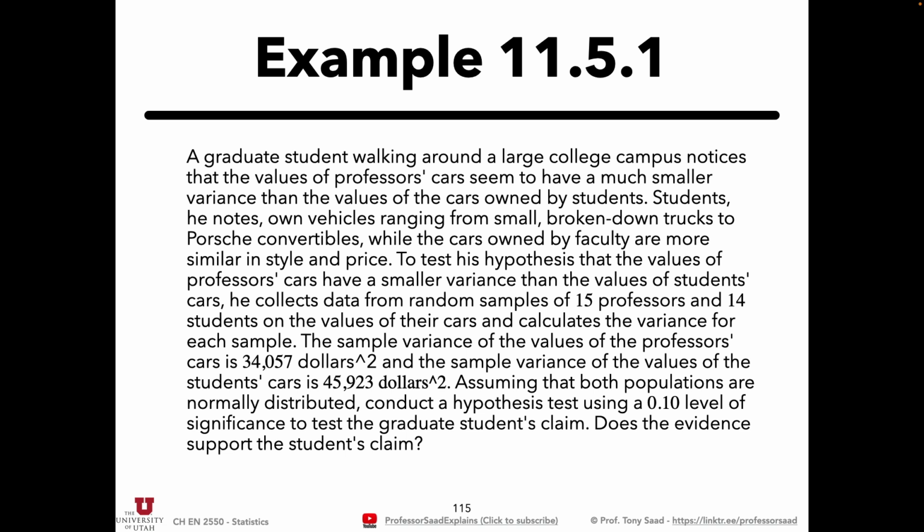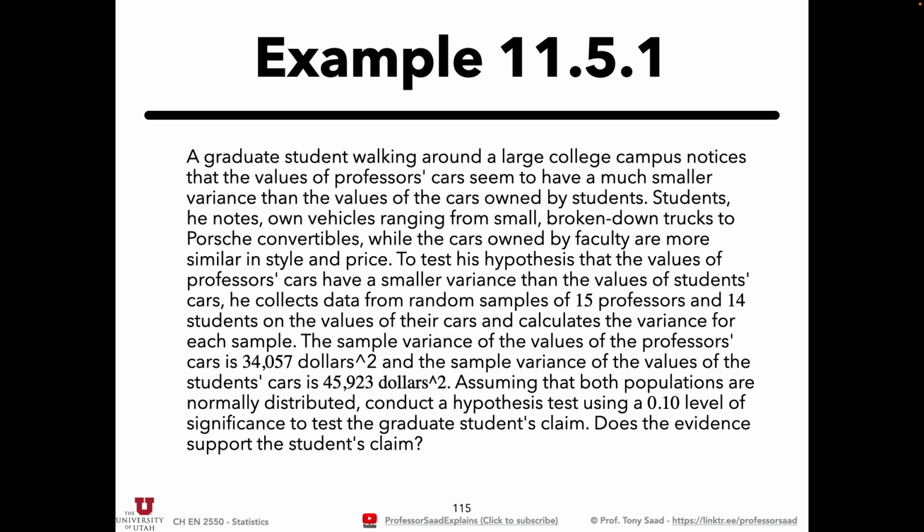He notes vehicles ranging from small broken down trucks to Porsche convertibles, while the cars owned by faculty are more similar in style and price. Maybe just Priuses everywhere. That's how I imagine professors driving.